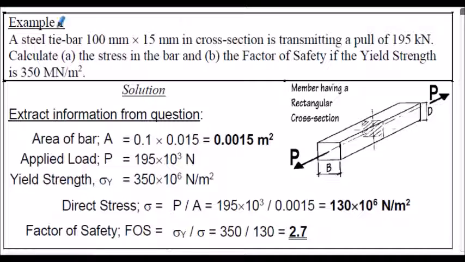Here's an example from a previous presentation related to calculating direct stresses in various components. This was a static analysis calculating the stress in the rectangular bar shown below, where we have a tensile force applied to the bar.